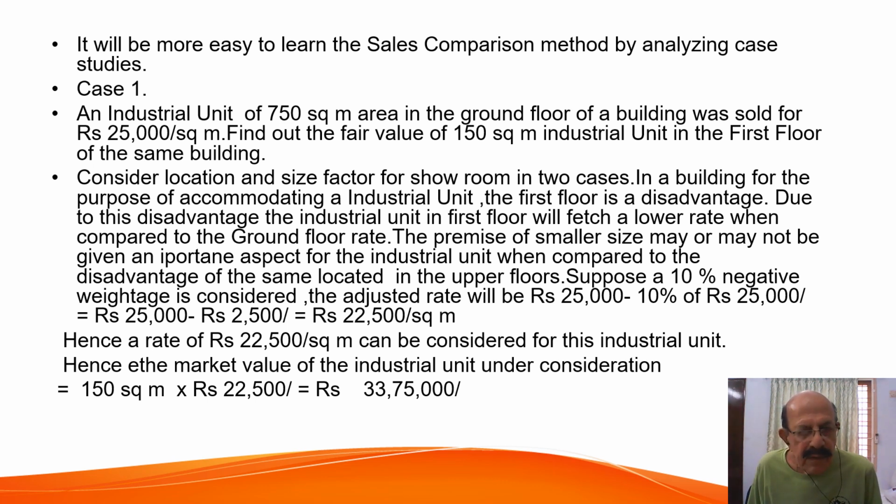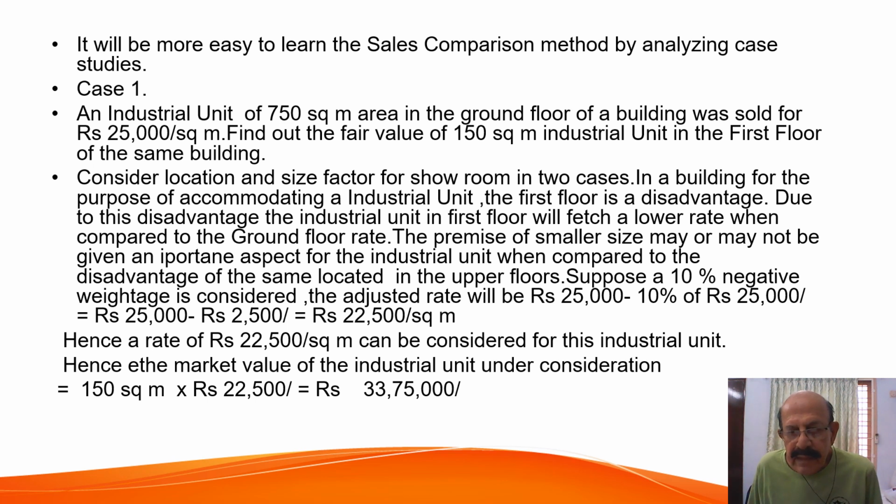In a building for the purpose of accommodating an industrial unit, the first floor is a disadvantage. Due to this disadvantage, the industrial unit on the first floor will fetch a lower rate when compared to the ground floor rate. The premises of smaller size may or may not be a disadvantage of the same, located in the upper floors.